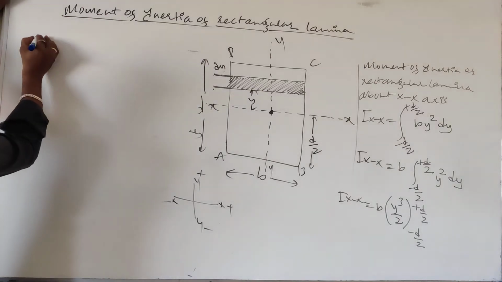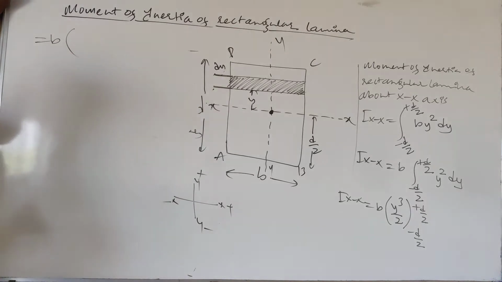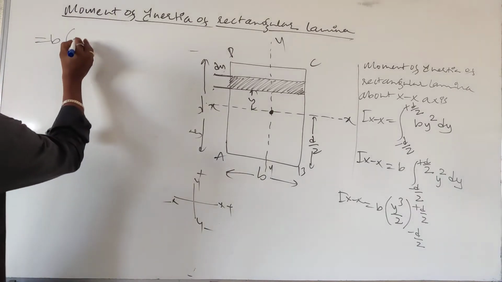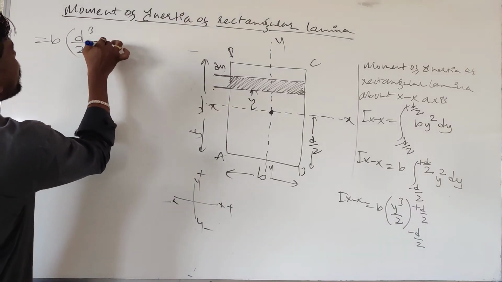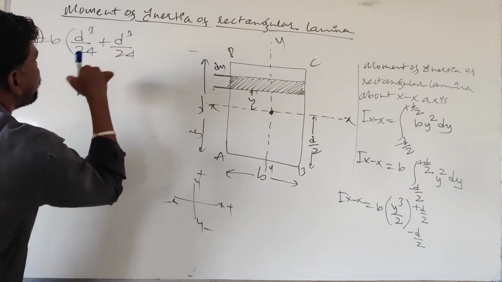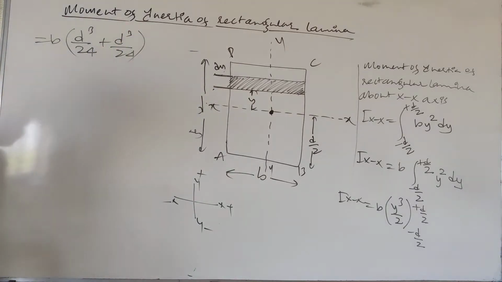Once again it is equal to b. Apply the upper limit d by 2 and the lower limit, apply, and d cube divided by 24 plus d cube divided by 24, plus d cube divided by 24, right?